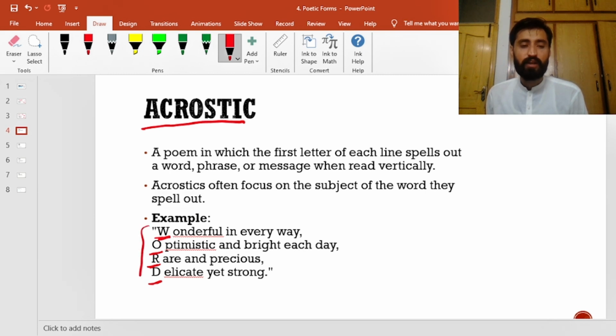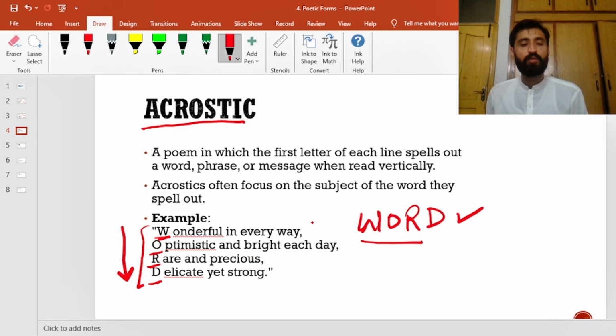So if we put all these letters together, it becomes WORD. So it becomes a word, and sometimes it can be a phrase, it can be a message when we read it vertically. Vertically means from top to bottom. So it often focuses on the subject of the word they spell out.